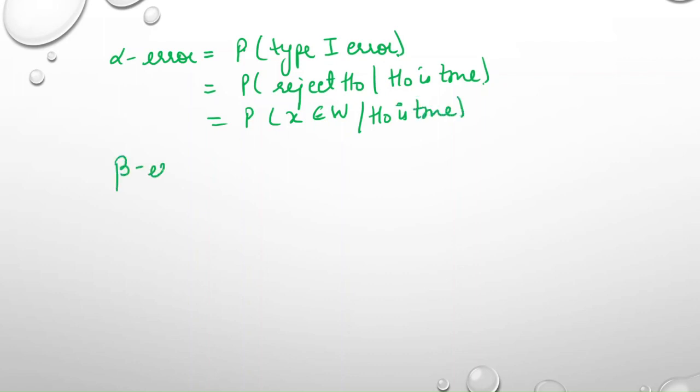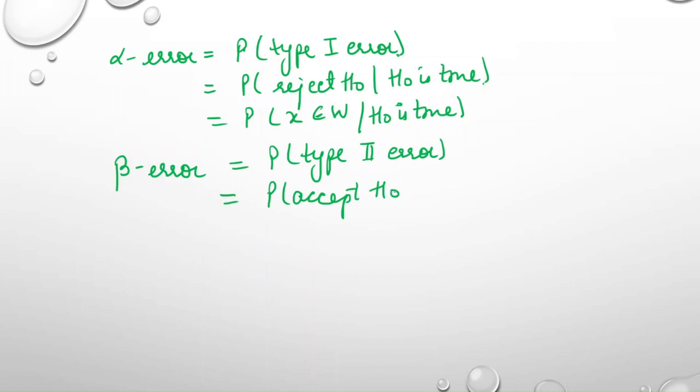Whereas beta error is the probability of the type 2 error, which states accept H naught when H naught is false, which we can also write as X belongs to W complement when H naught is false.